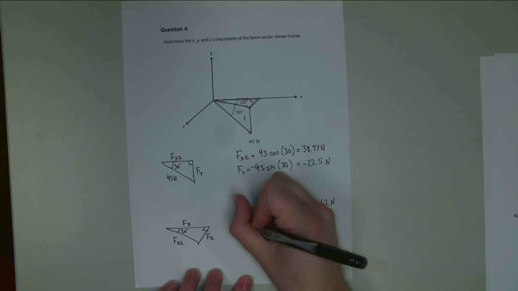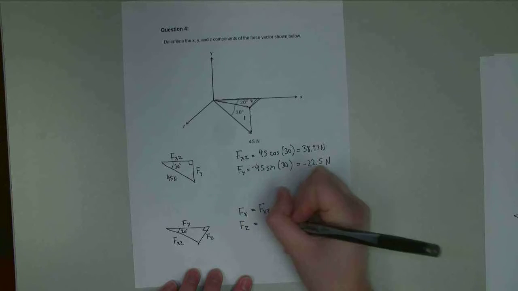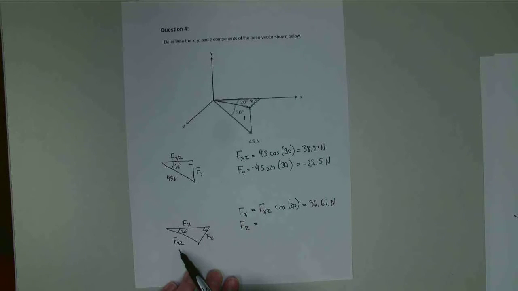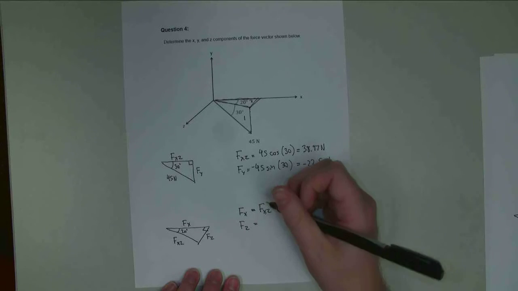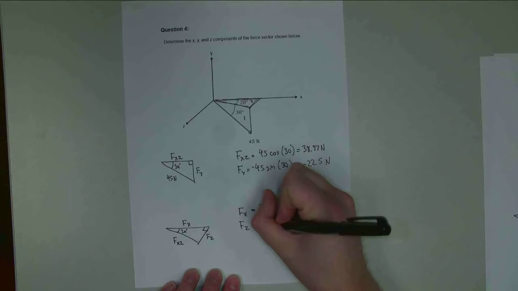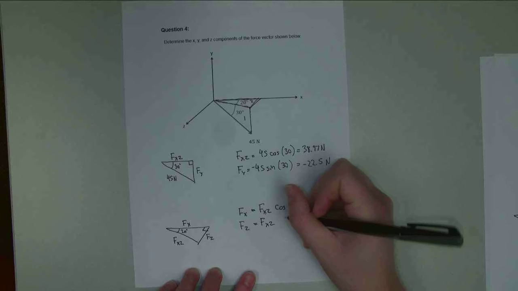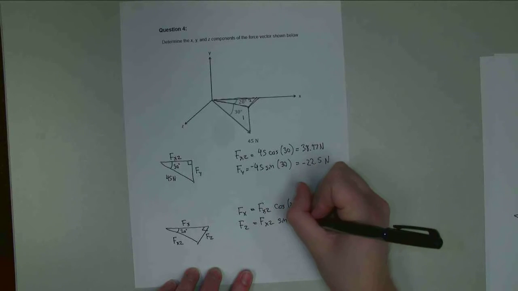Alright, so for Fz, it's going to be the hypotenuse, Fxz, which I have up here, times the sine of 20, since it's the opposite side of my right triangle. So Fxz times the sine of 20 degrees.